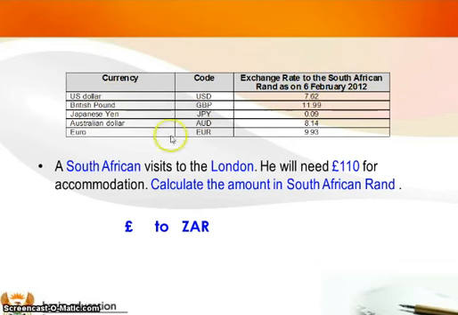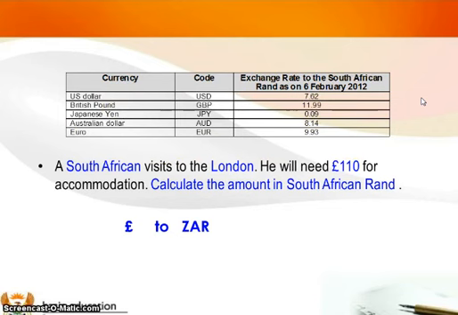So in this case it will read: 1 US dollar will cost you 7 rand and 62 cents. 1 British pound will cost you 11 rand and 99 cents. 1 Japanese yen will cost you 9 South African cents. Can you see it is basically a price list where these are the products and that is the price of the products in South African rand. Okay, so that is the first format of this currency rate sheet.